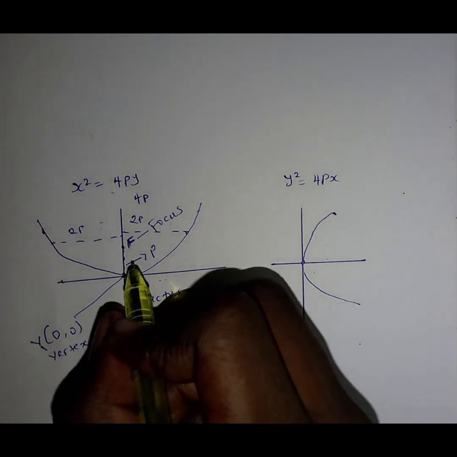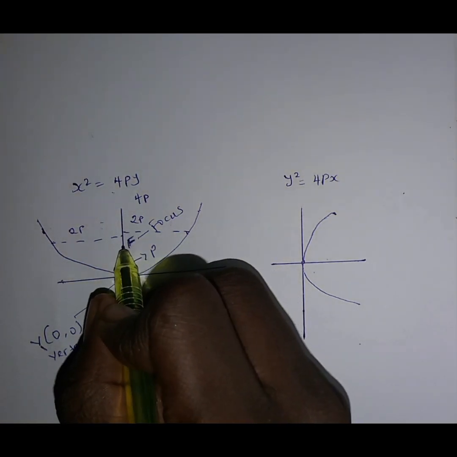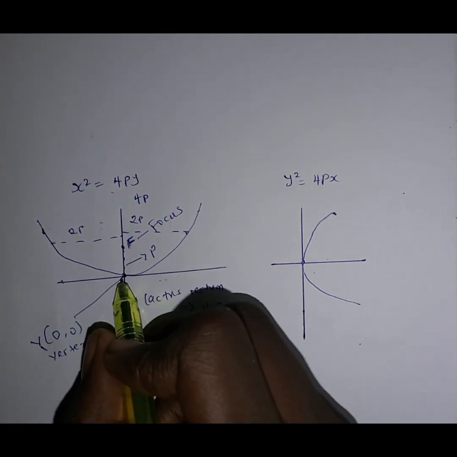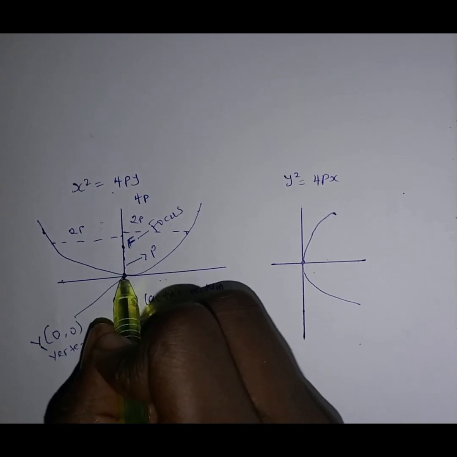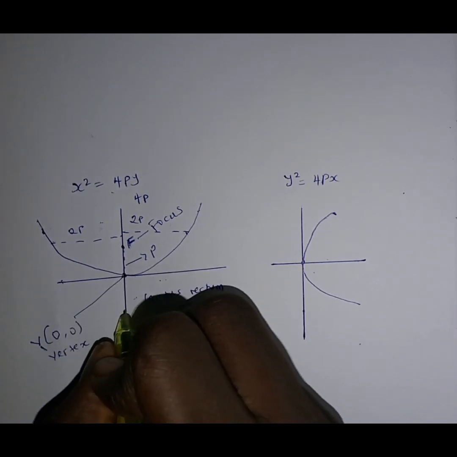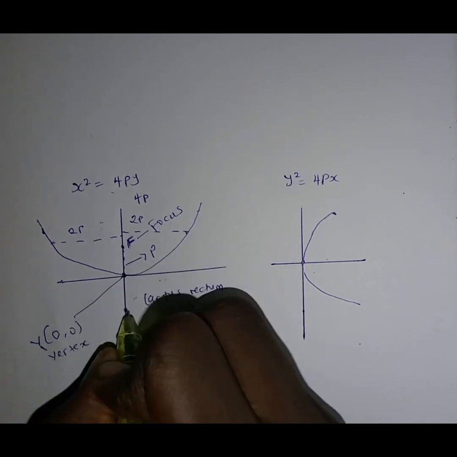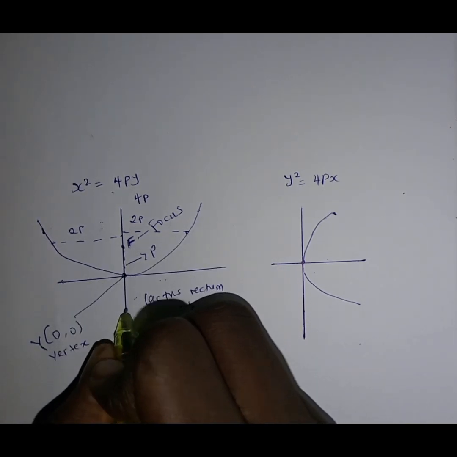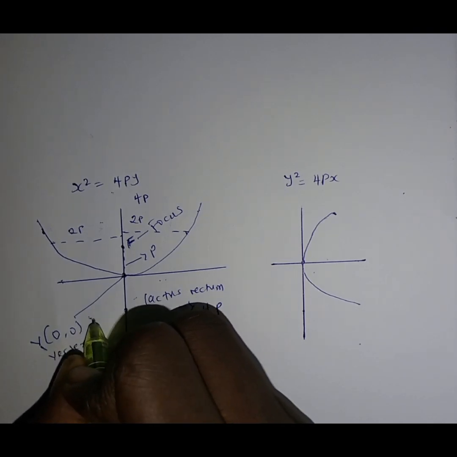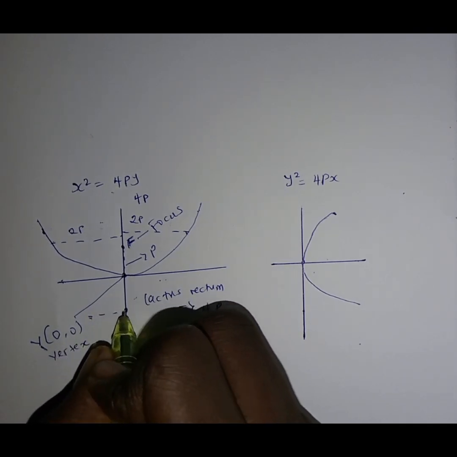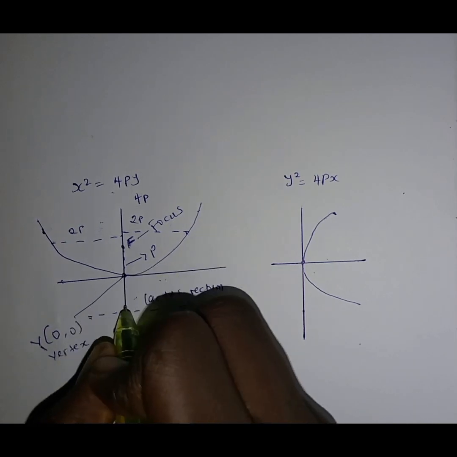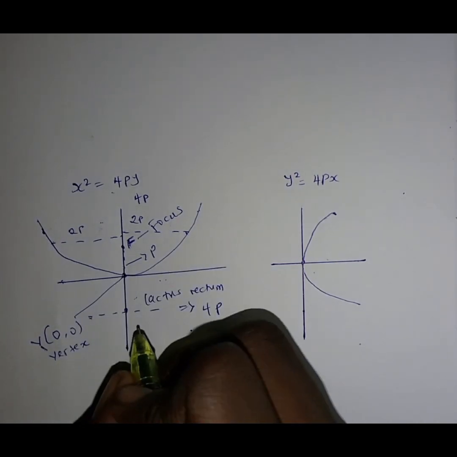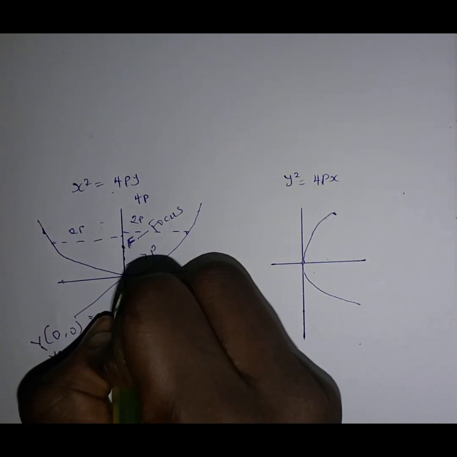Another thing to note about a parabola: the focus is here, the vertex is here. Let me represent it with an imaginary horizontal line. From this place to this place is called the directrix.